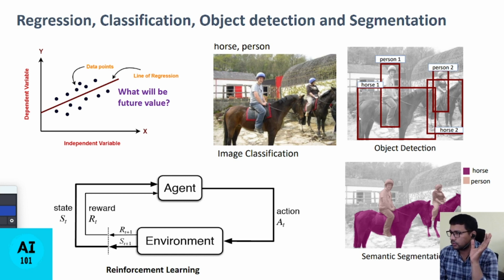So if we want to identify the location of the object, then we need to use the object detection method. In object detection, we first classify the object of interest, and then also identify its location by drawing a rectangular box. We call it a bounding box.